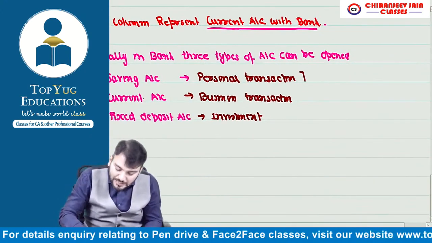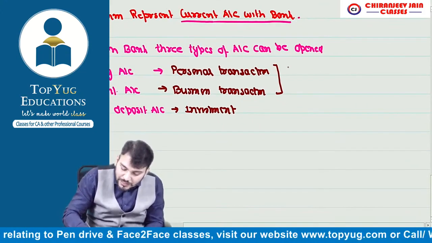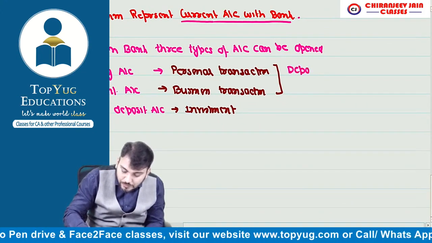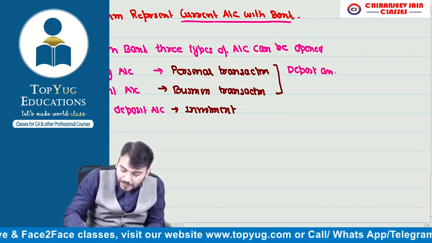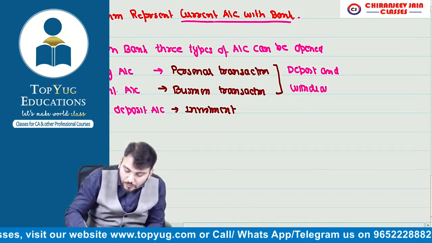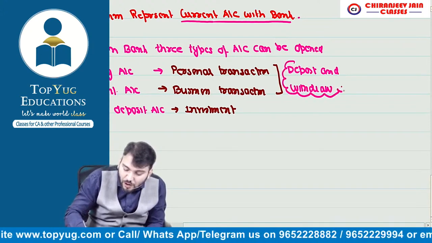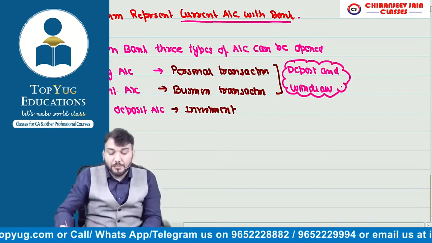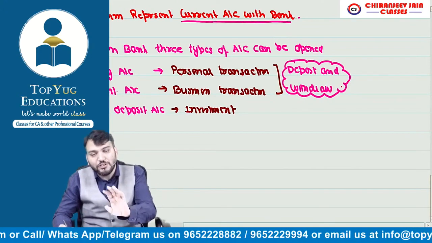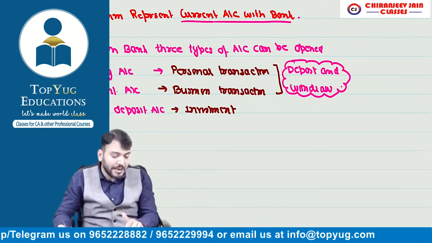In a cash book account, normally we deposit and withdraw the amount whenever required. But fixed deposit, once you have deposited, you can withdraw only after the specified time period, correct.